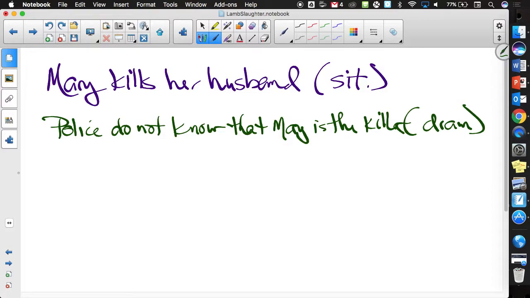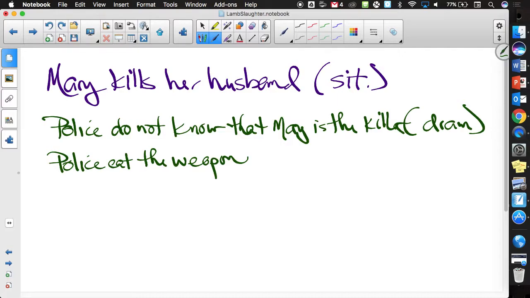Anywhere within the story. When they're eating the food and they don't know that it's... Situational, dramatic. Okay, so police eat the weapon.